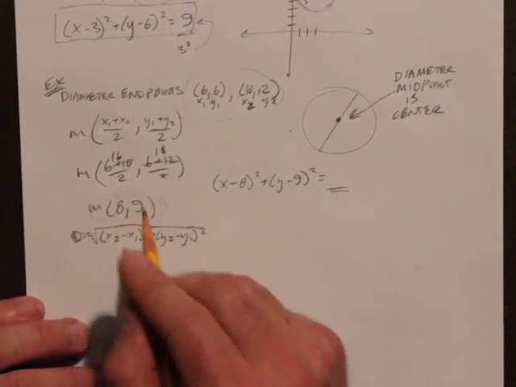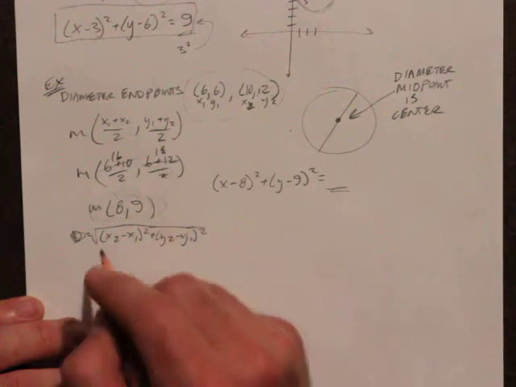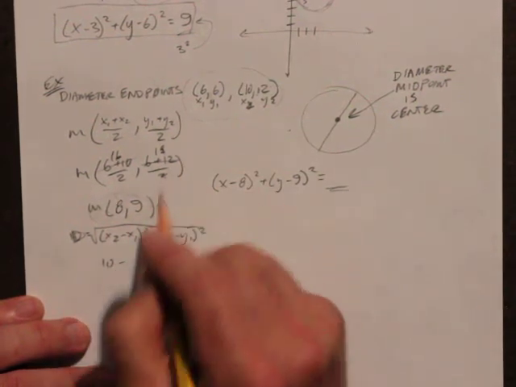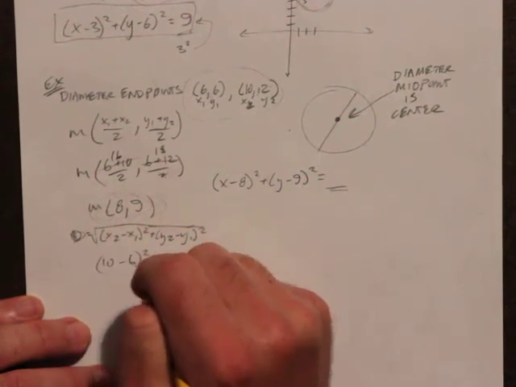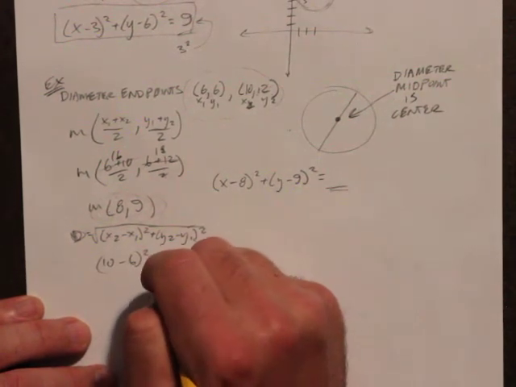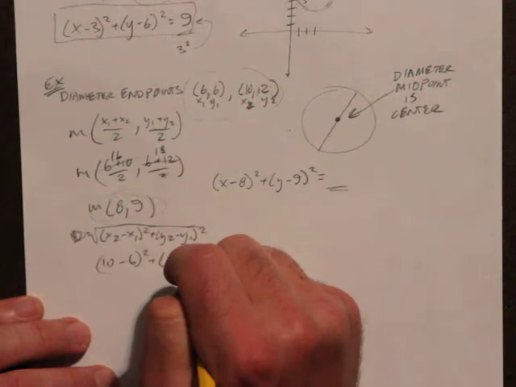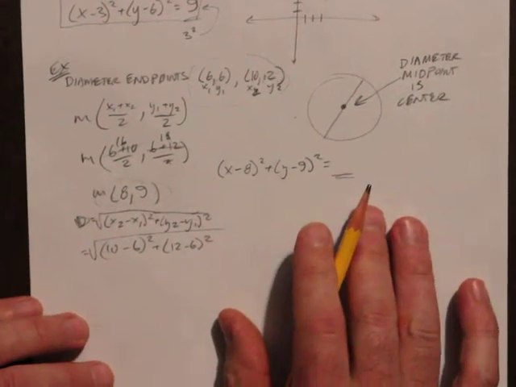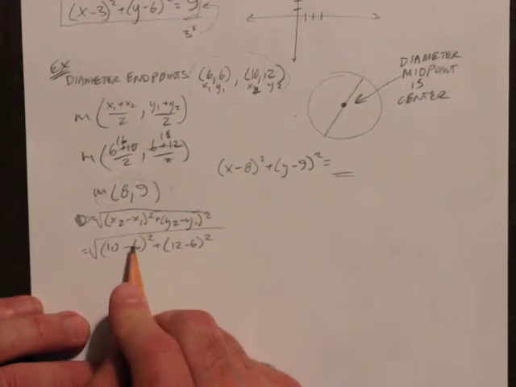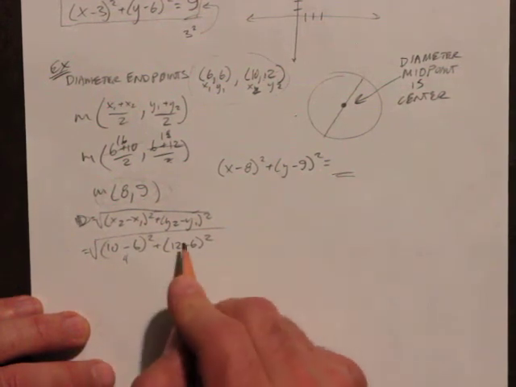But let's just find the distance of the diameter, and we'll cut it in half to find the radius. Okay, so x2 is 10 minus x1, which is 6, squared, plus y2, which is 12, minus y1, which is 6, squared. And remember, all of that goes underneath the radical. 10 minus 6 is 4. 12 minus 6 is 6.